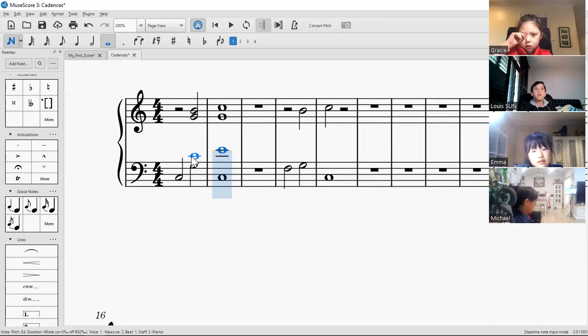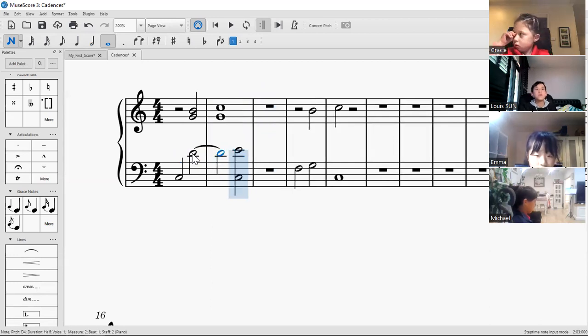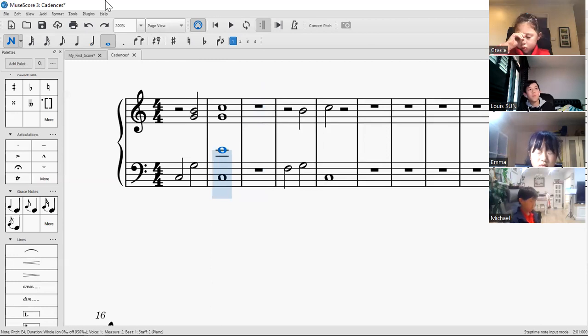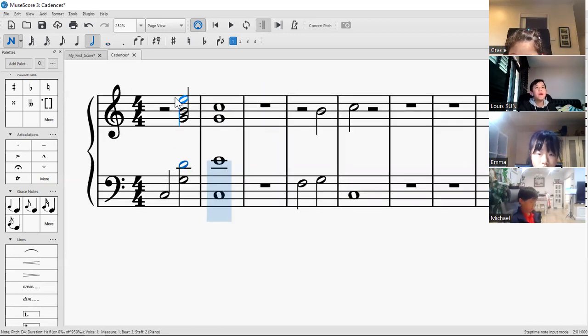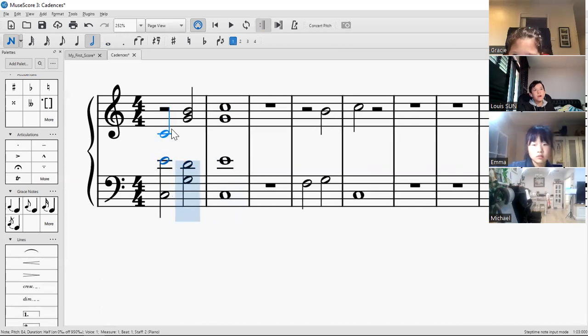Okay, so we've got a perfect cadence here. And if we are to precede this perfect cadence with 1, it's very simple. We just put that back over here. So it should sound like this.